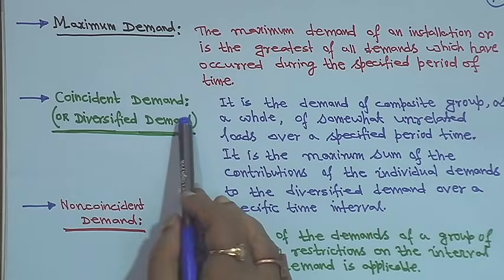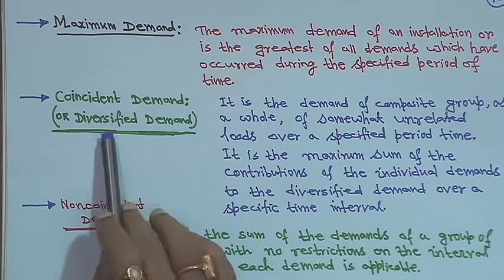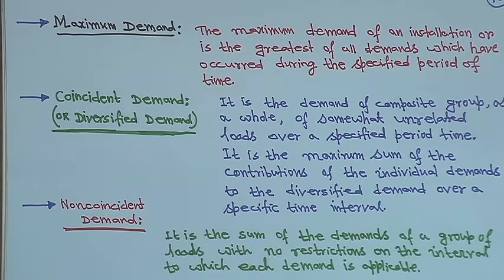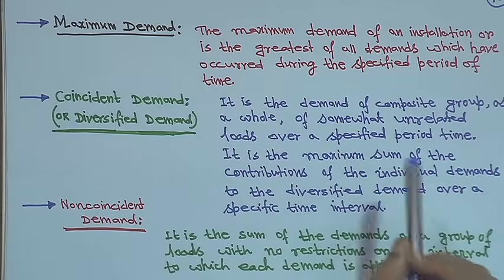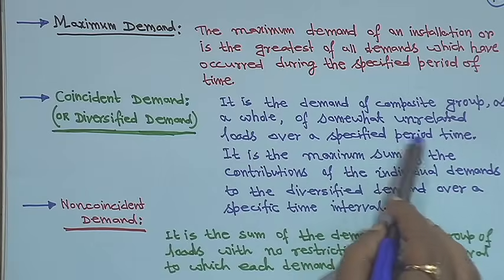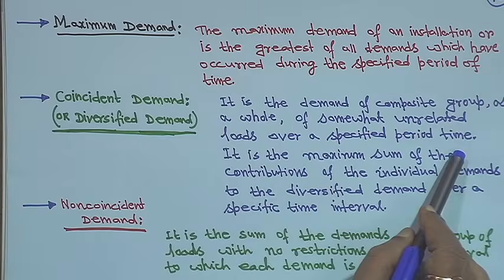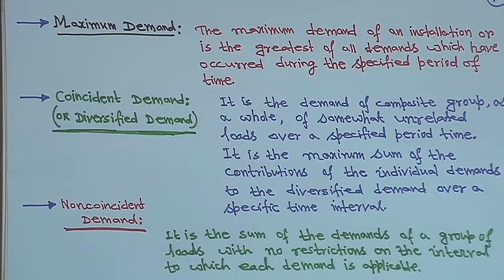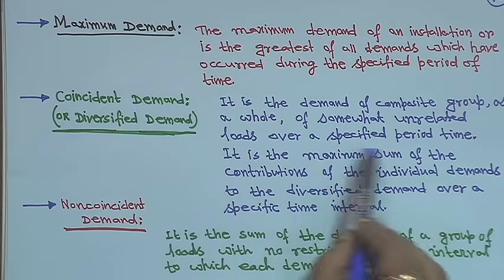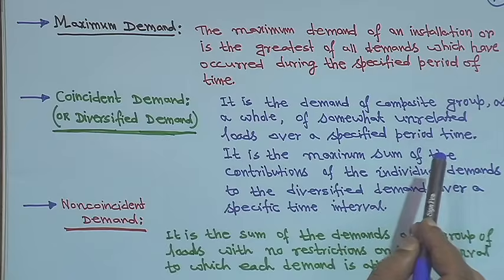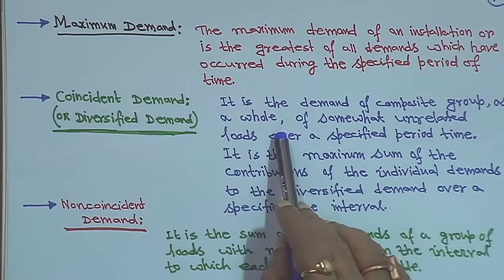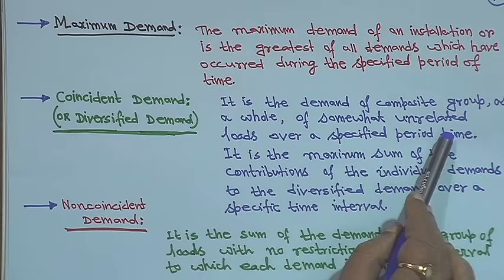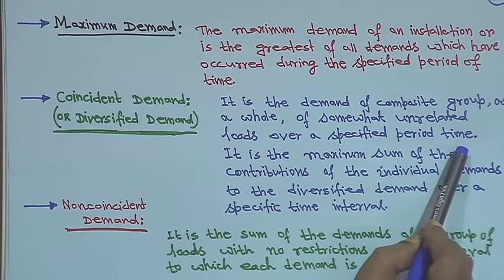Then another terminology they use is coincident demand or diversified demand. It is the demand of the composite group as a whole, of somewhat unrelated loads over a specified period of time.